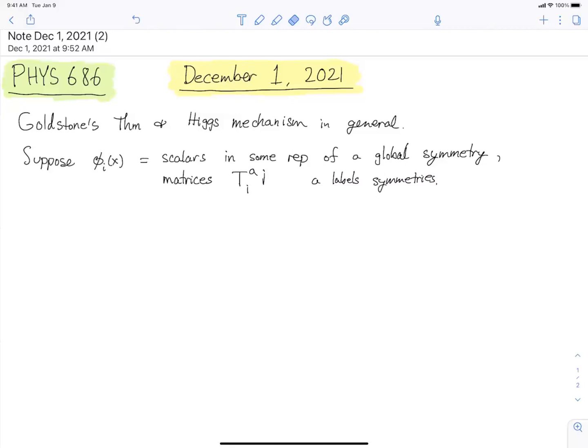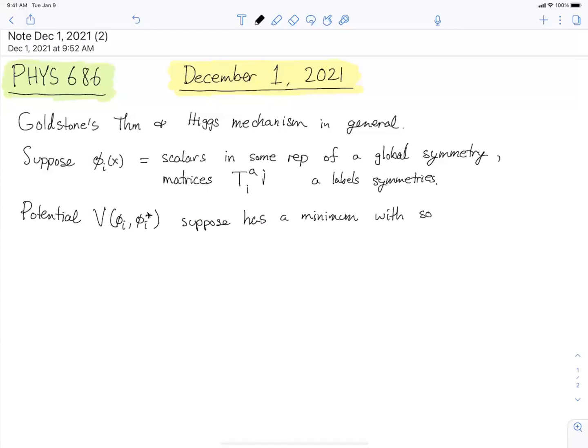Okay, and now we assume that there's some potential for these scalar fields and their complex conjugates. And we're just going to suppose that this potential has a minimum with some, maybe all, of these scalars at the minimum not equal to 0.